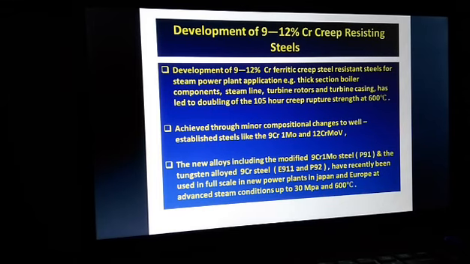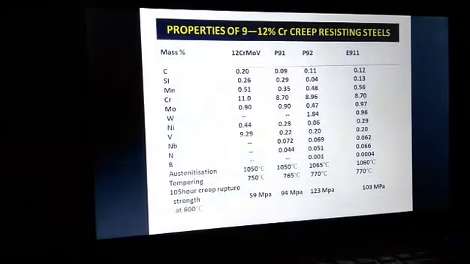The new alloys, including the modified 9 chrome 1 Mo steel P91 and the tungsten alloyed 9 chrome steels E911 and P92, have recently been used in full scale in new power plants in Japan and Europe at advanced steam conditions up to 30 MPa and 600 degrees centigrade.